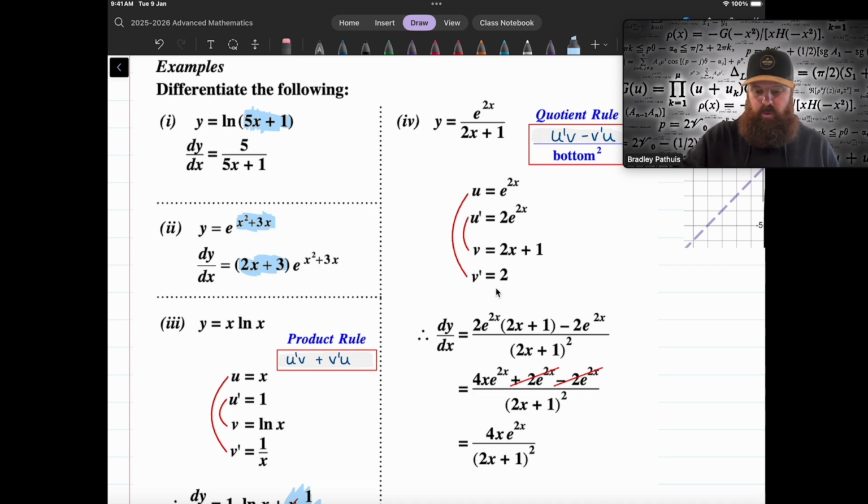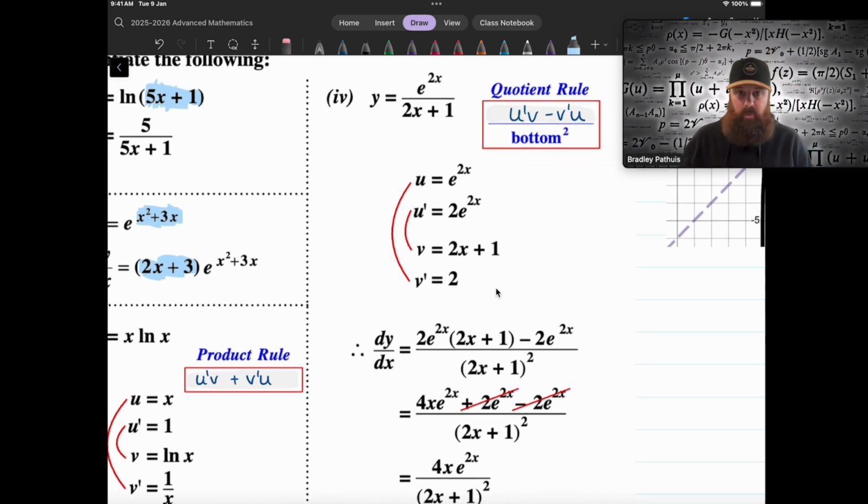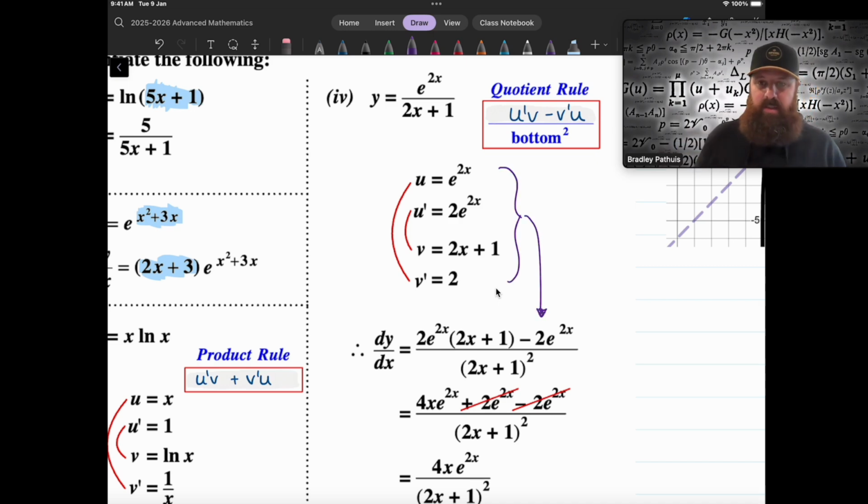And then quotient rule, we can see up there, e to the 2x over 2x plus 1. So our quotient rule is u dash v minus v dash u all over the bottom squared, or v squared. So setting up, remember that if you set this stuff up and you then try to put it into the fraction somehow, that's an attempt at using the quotient rule.